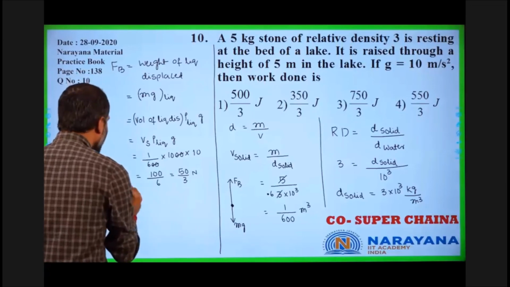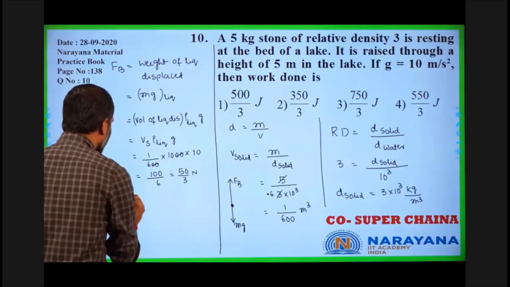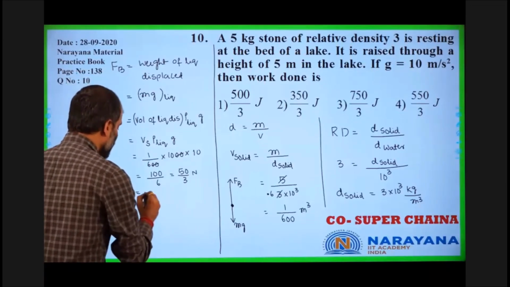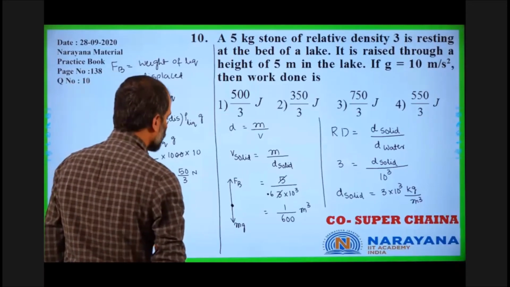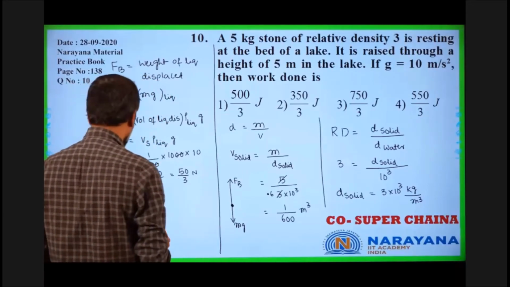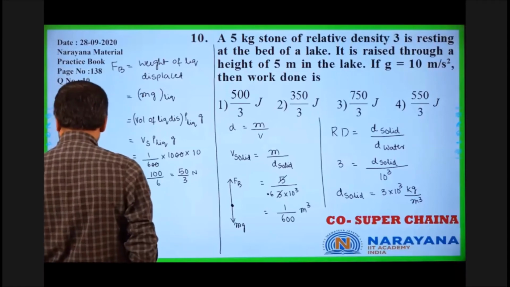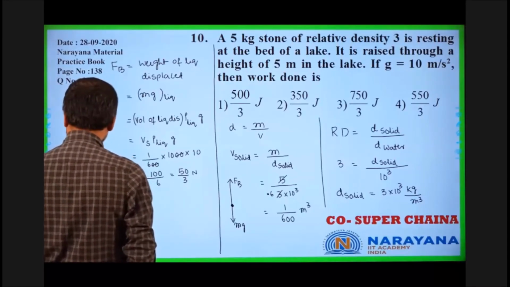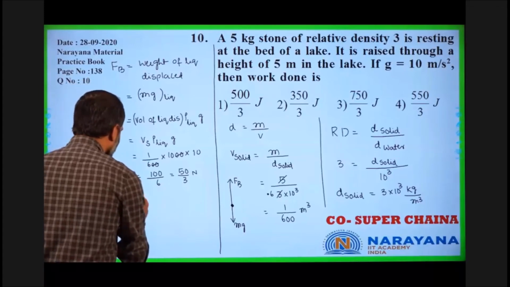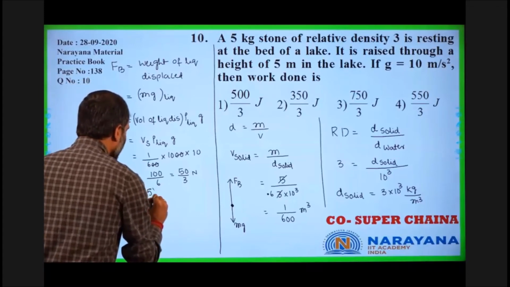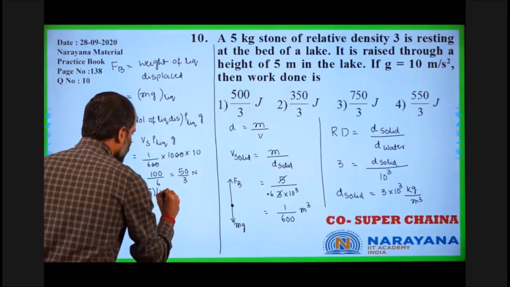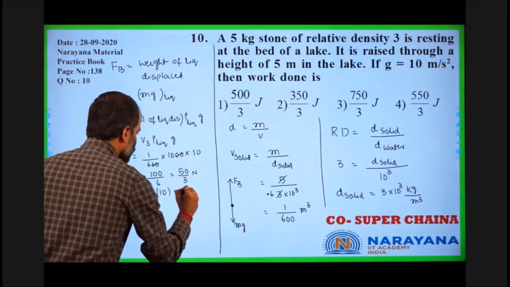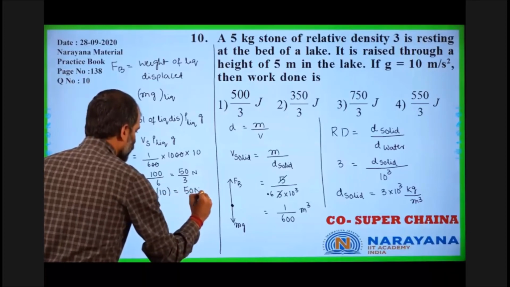Now weight is equals to mg. Mass is 5 kg into g is equals to 10, which is equals to 50 Newton.